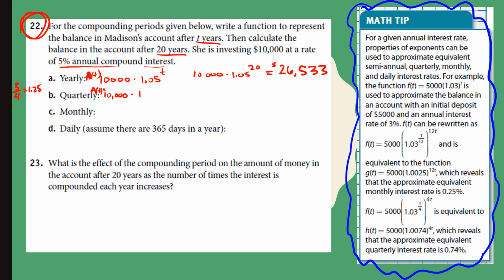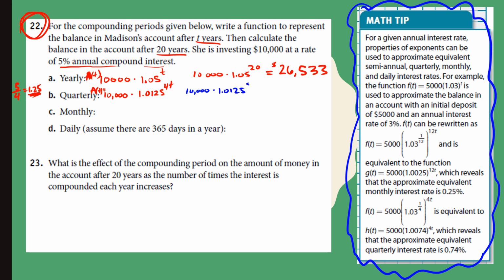So it's going to be 1.0125 because it's this percent in decimal form, which would be 0.0125 plus 1, so 1.0125. And it's going to be to the 4t, because that's 4 compoundings per year.